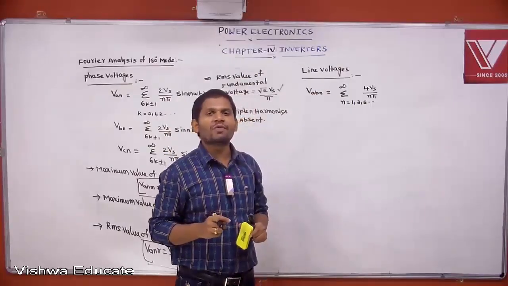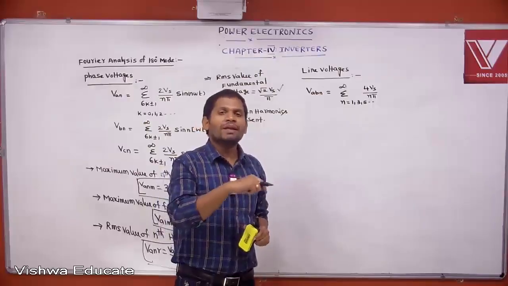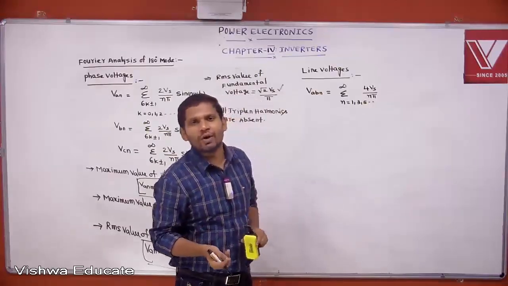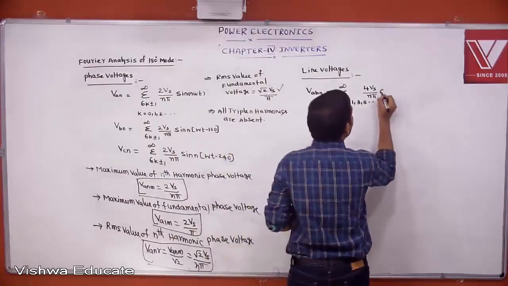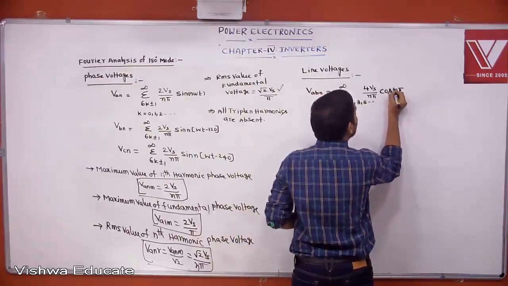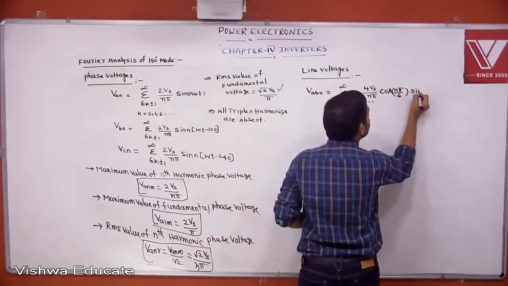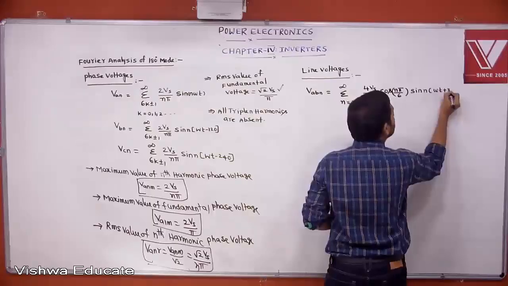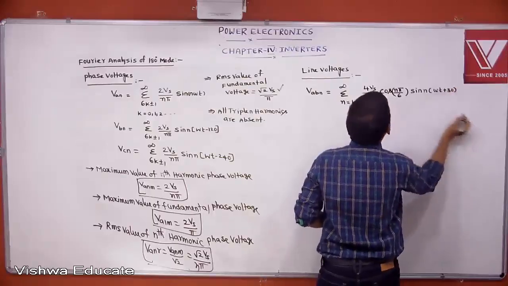But here, what is the waveform we are getting in a 3 phase bridge inverter? A quasi square waveform. Because of that, by applying Fourier analysis we get this extra term: cos of n pi by 6, sin n omega t plus 30.